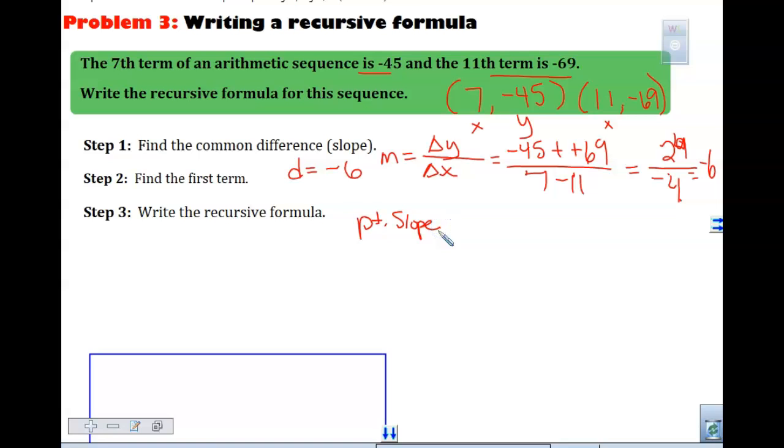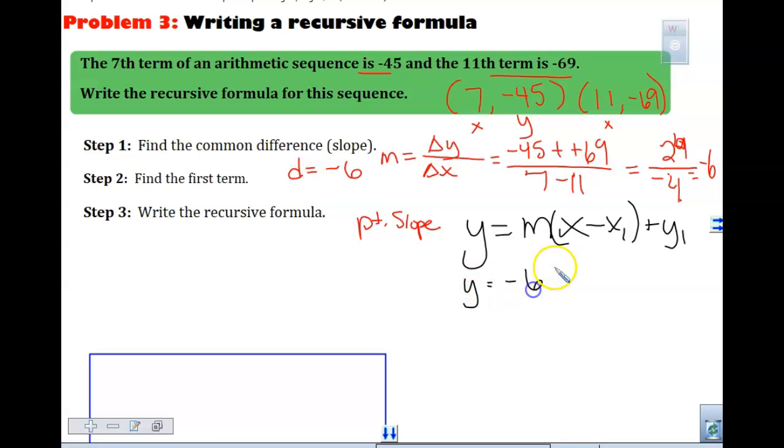Oh, I'm going to go general point slope: y equals m times x minus x1 plus y1. I know what the slope is, so I'm going to use y equals negative 6.